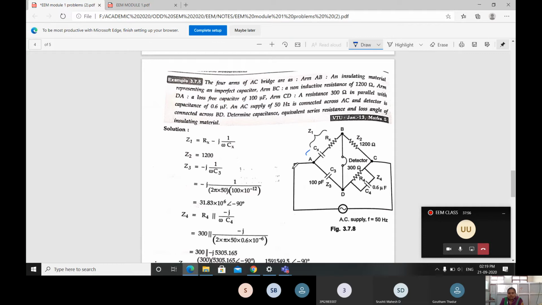Here it is taken as A, B, C and D. You can make points like A here, B here, C here and D here. You can do it any way, but while you are connecting, it should be proper. Which terminals you fix is left to you, but while connecting, it should be correct.